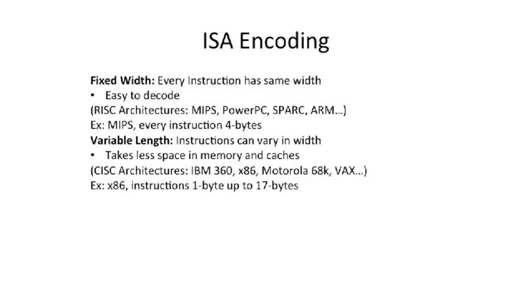So you have MIPS, PowerPC, SPARC, ARM falling into this category. And as an example, MIPS, which we're going to be talking a lot about in this course, every instruction is exactly 4 bytes long. And what's nice about this is it's easy to decode, but it may not be very compact.